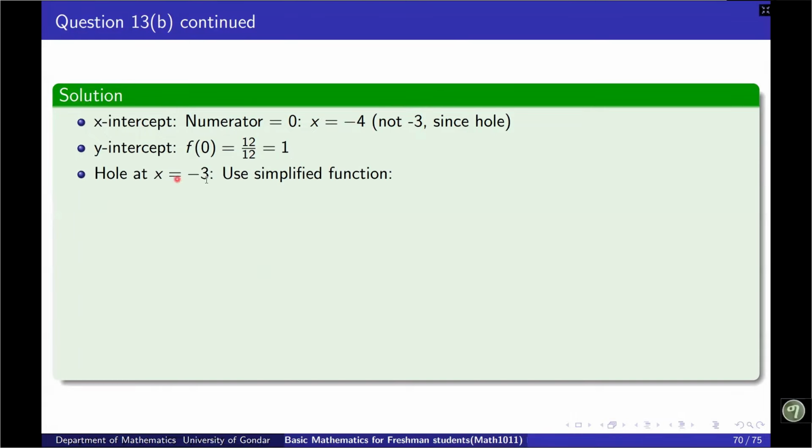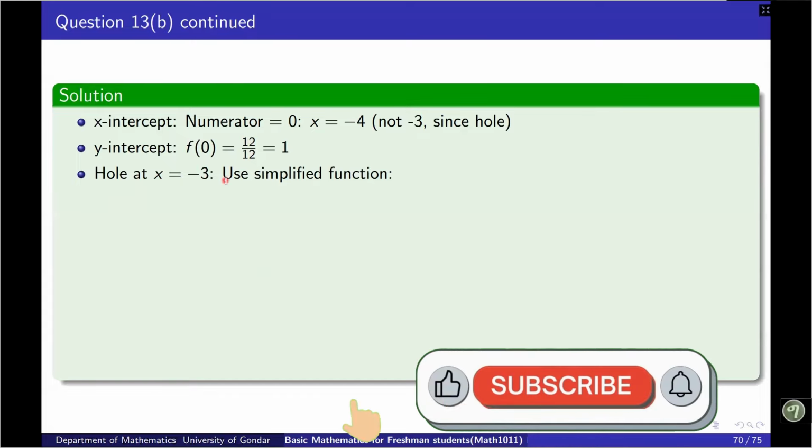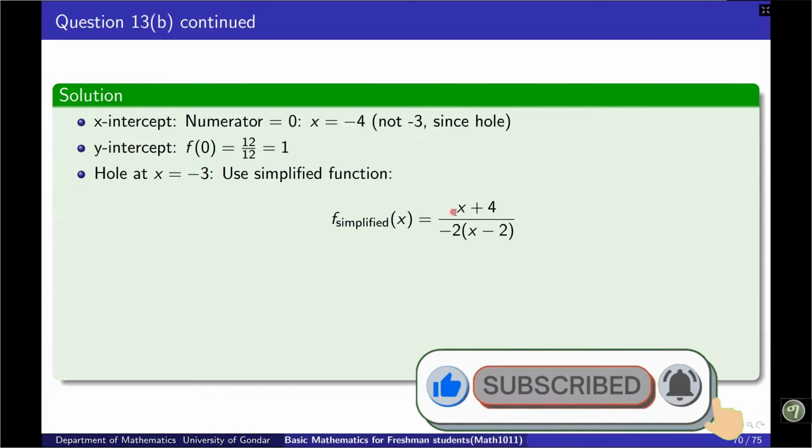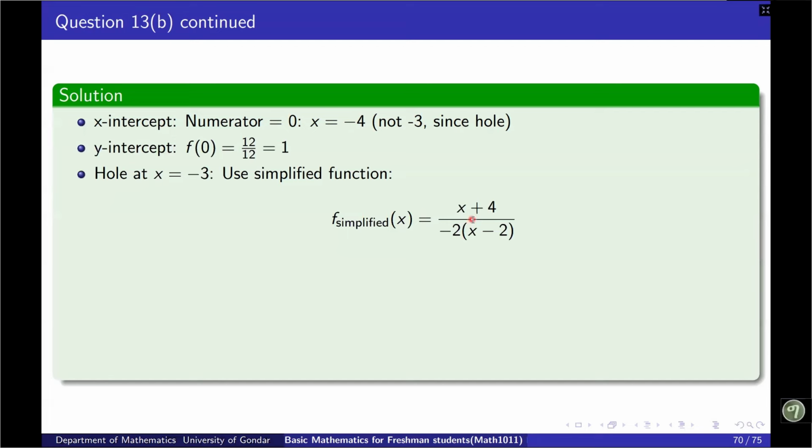And for the hole at x equal to negative 3, using the simplified form, when x plus 3 is cancelled, f of negative 3 in the simplified form will be negative 1 over 10. Therefore, at negative 3, negative 1 over 10, there is a hole for the graph of the given function.